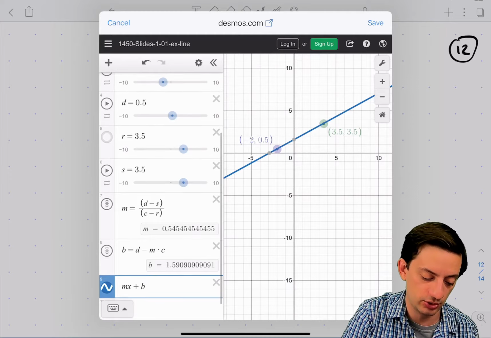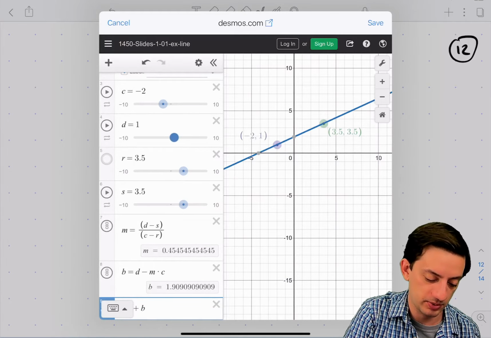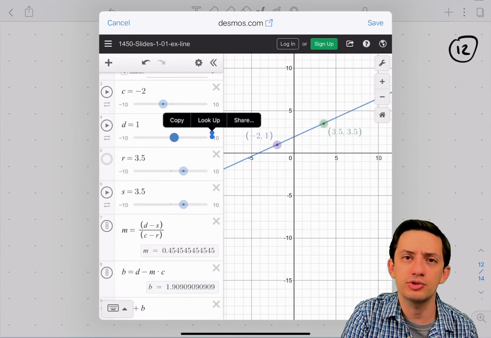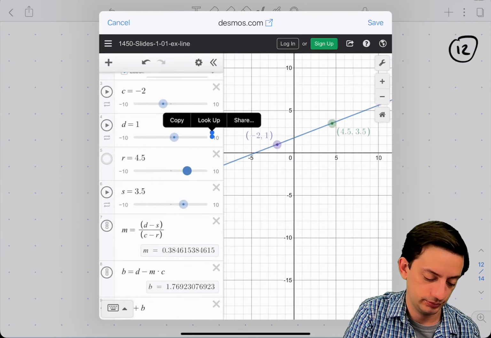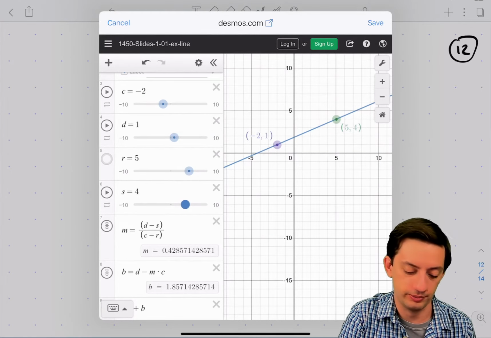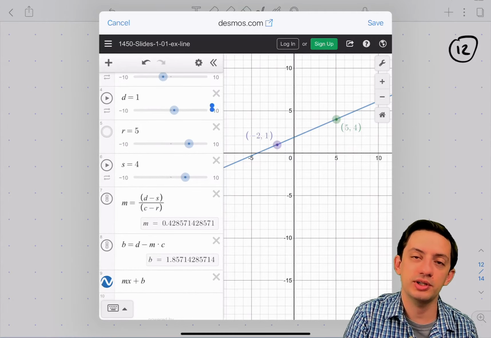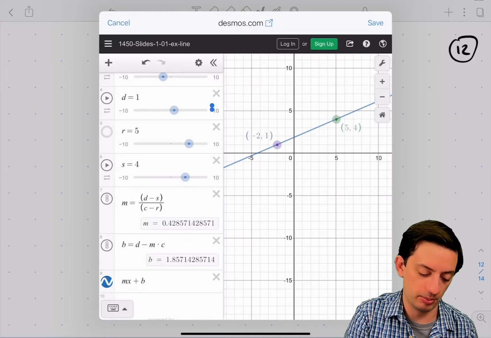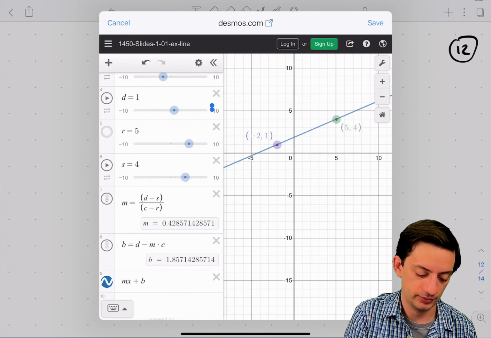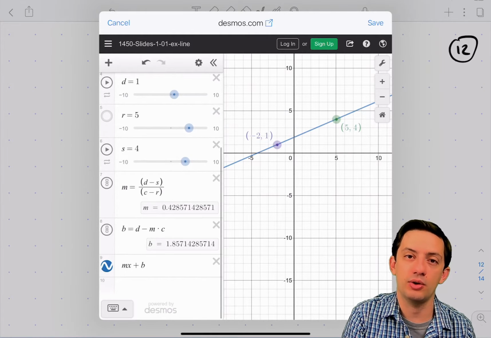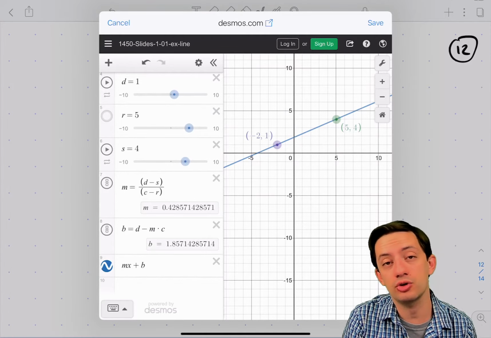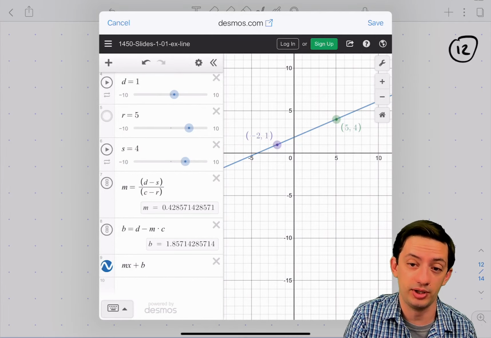So for these particular 2 points I picked, let me pick ones maybe a little bit nicer. Let's say -2 comma 1 and 5 comma 4. Then it calculates the slope for me. It only does it numerically, not as a fraction, but it's about 0.428. It also calculates the y-intercept for me. Now, I haven't showed you how to do that yet, but we'll see that in an example later.